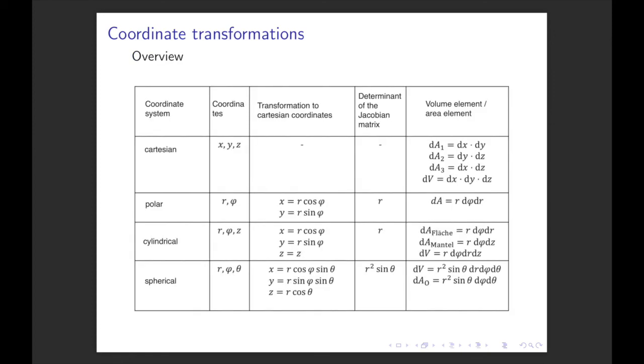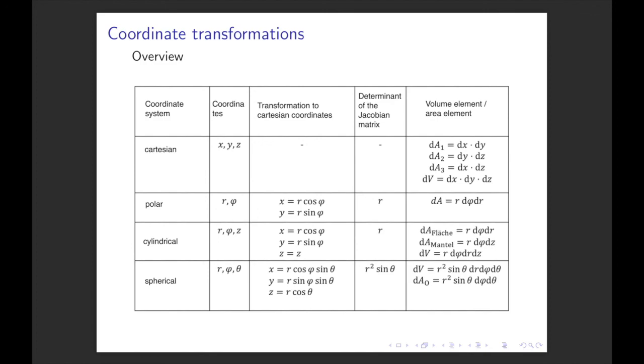Here's the overview of the different coordinate systems, the name of the coordinates, the transformation from those to the standard Cartesian coordinates, the determinant of the Jacobian matrix, this is a factor that you should write under the integral, and the volume element. So for example, for spherical coordinate systems, the volume element in Cartesian coordinates dV is r squared times sine theta, the determinant of the Jacobian matrix, times the volume element in spherical coordinates dr, d phi, d theta.